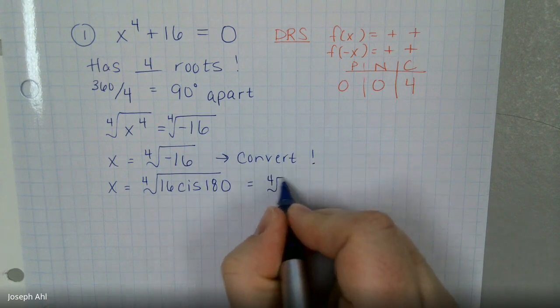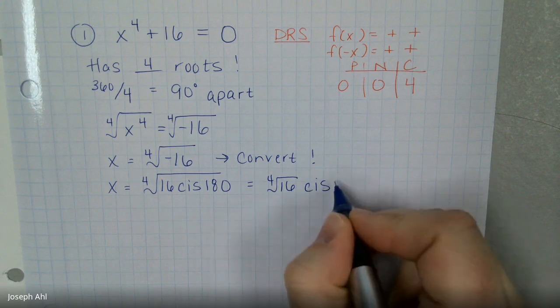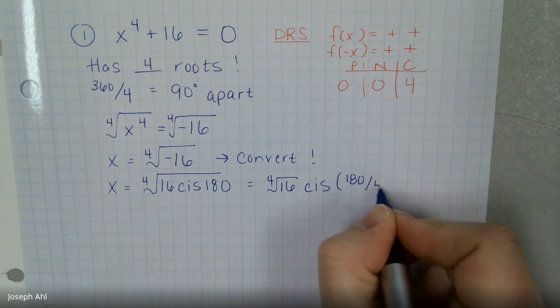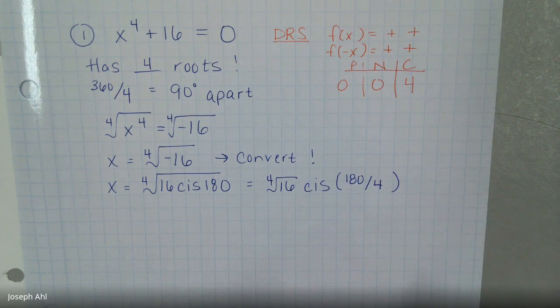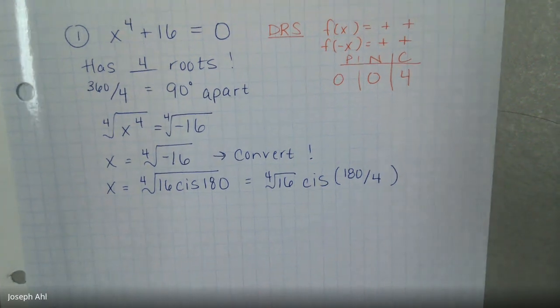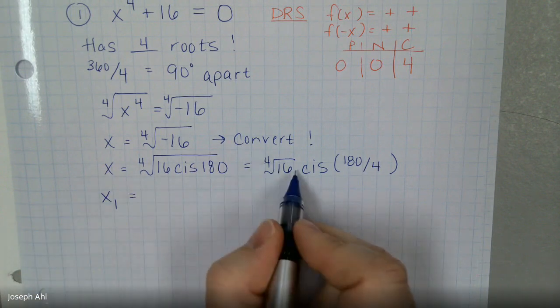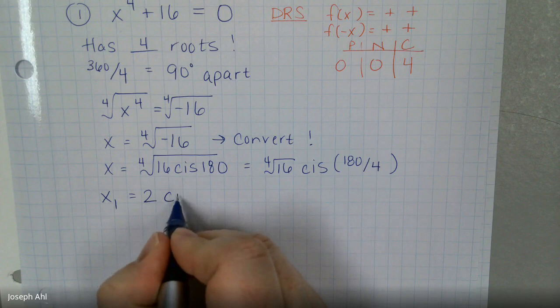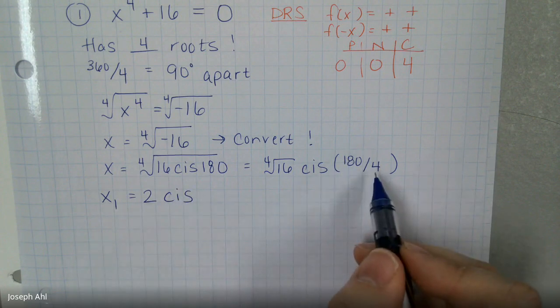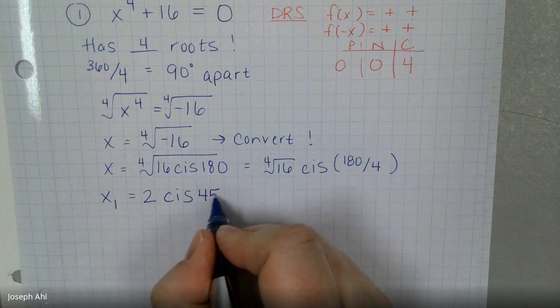So this would be the 4th root of 16, and then 180 would get multiplied by a 4th, or divided by 4, however you want to think about that. Because this is the first solution, I'm going to write my first answer as x1. And x1 is, let's see, the 4th root of 16 is 2, cis 180 divided by 4 is 45 degrees.